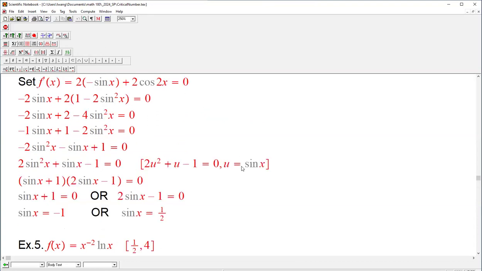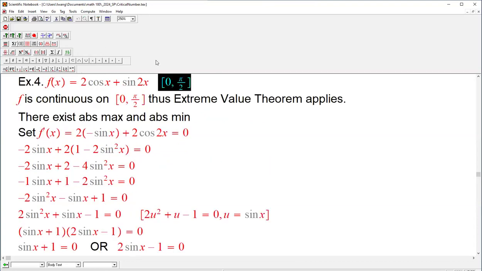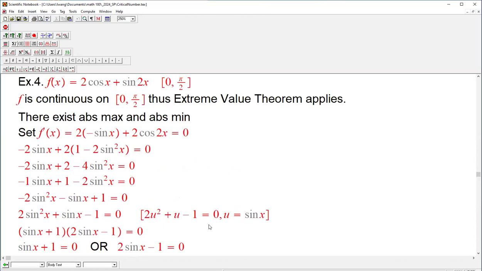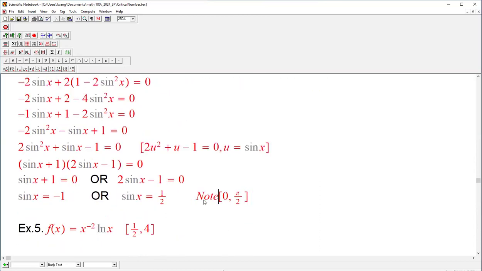And our interval is from 0 to pi over 2, so we don't need to find all the solutions on the entire number line. So note the interval of concern. We're only concerned about this interval.